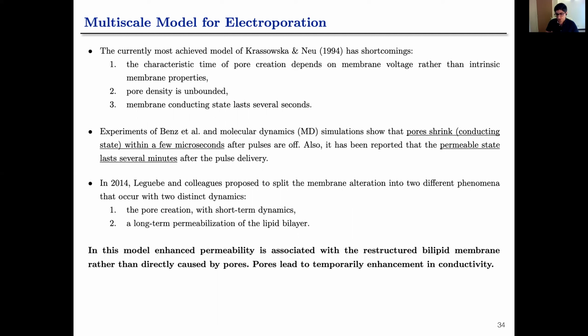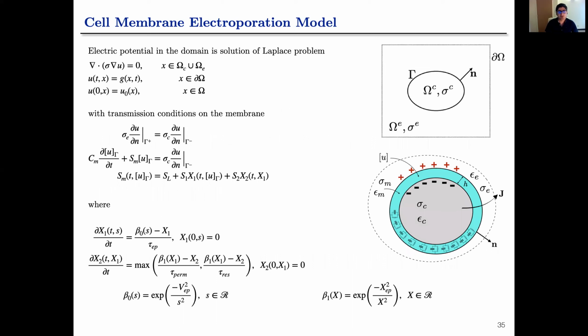So there are two different time scales in this process, and they do not come out in the old model. So in 2014, some of our collaborators took a phenomenological approach and resolved these issues by introducing a phenomenological model for electroporation. Going to the equations.